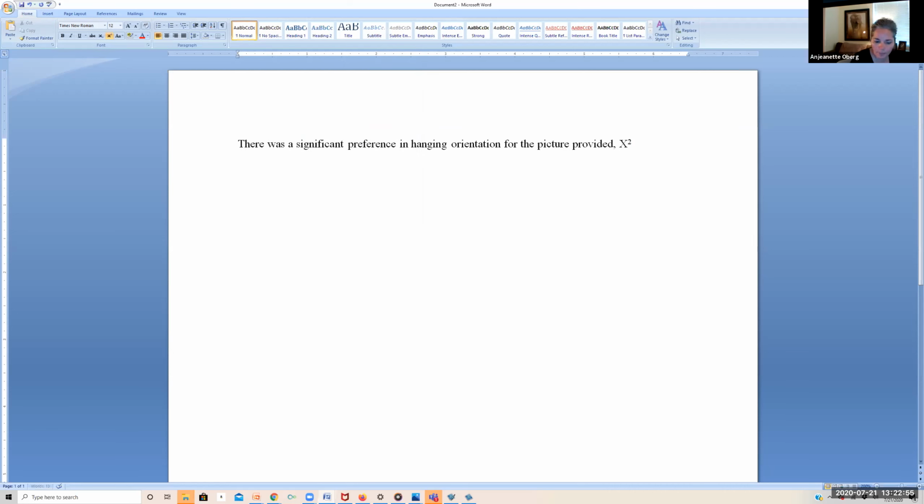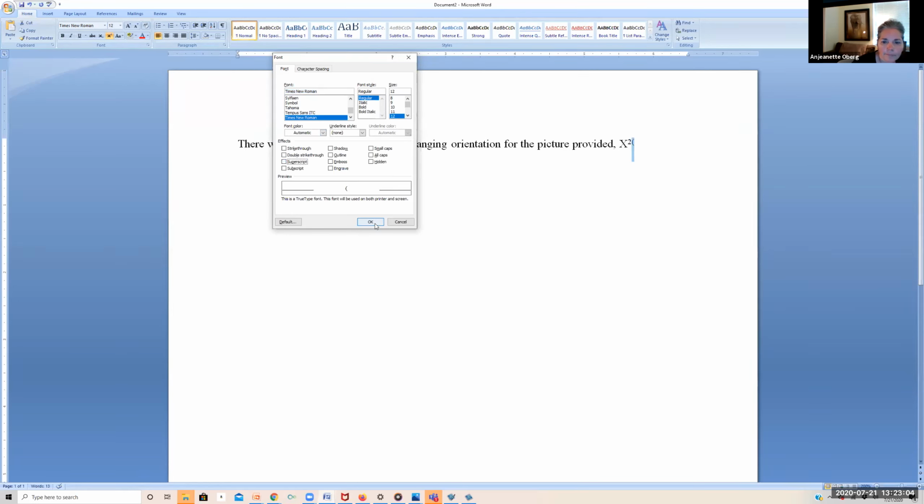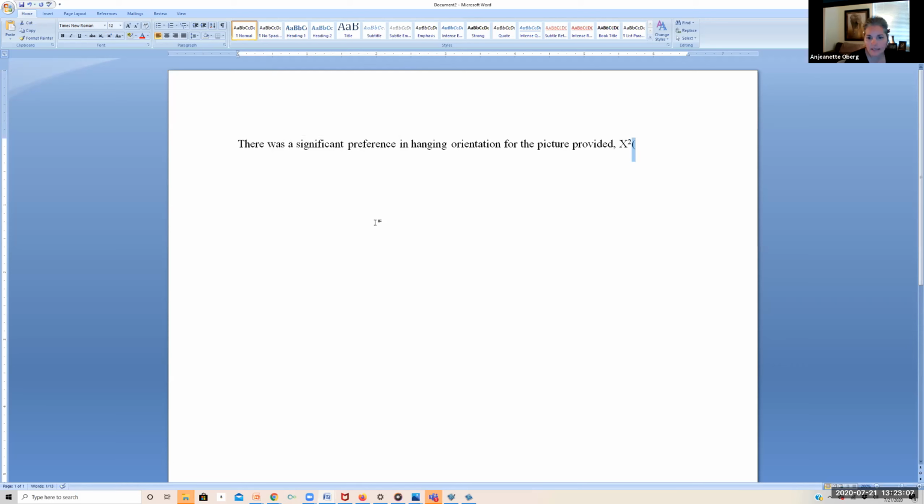And we're going to do a parenthesis, and say how many degrees of freedom we had, and then our n equals 50, close parenthesis, and chi-square equals 8.12, comma, p is less than 0.05, and I just want to italicize everything because that is appropriate APA.